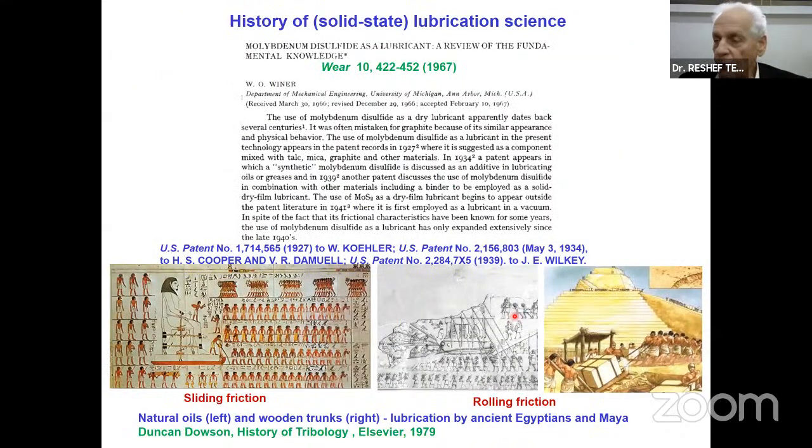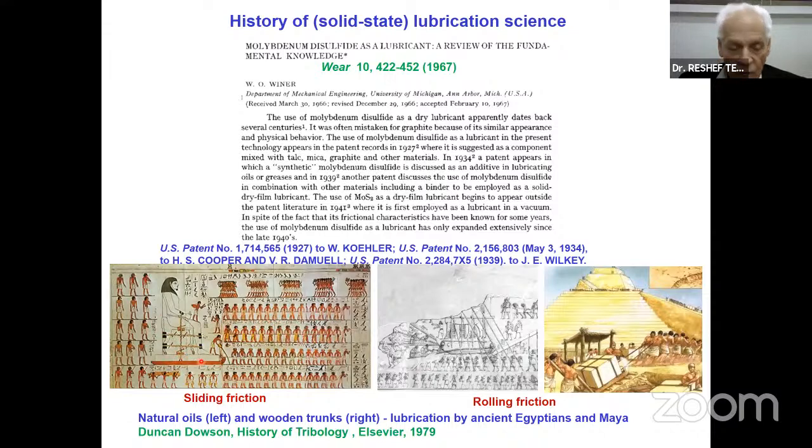Here is a demonstration of what utility these materials can be used for, and the answer is lubrication. So here is lubrication in ancient times. You see this huge statue.